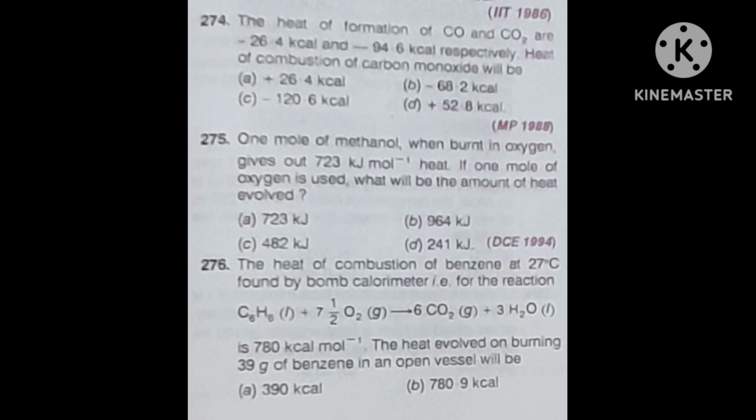The heat of combustion of carbon monoxide will be first option plus 26.4 kilocalorie, second minus 68.2 kilocalorie, third minus 120.6 kilocalorie, fourth plus 52.8 kilocalorie. This question was asked in the MP competitive examination.